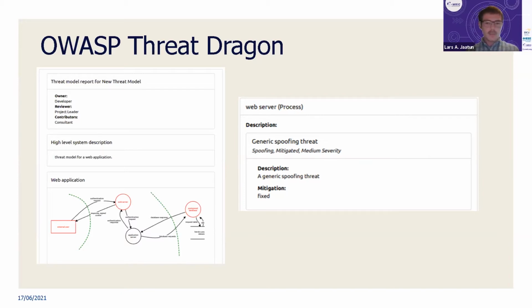What Threat Dragon does is give you a very basic description, but it wants you to elaborate. It's the developer's role to build on this, to create a better description, to change the severity of the threat, etc.